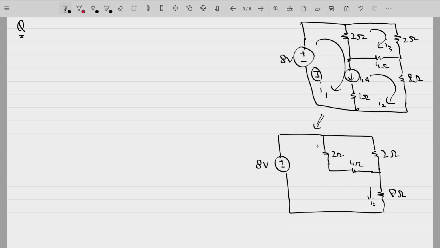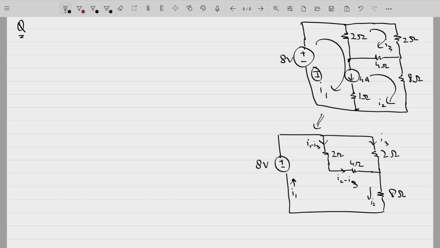Current flowing from here is I1 minus I3. Current flowing from here is I2 minus I3. Current flowing from here is I3. And current flowing from here is I1.